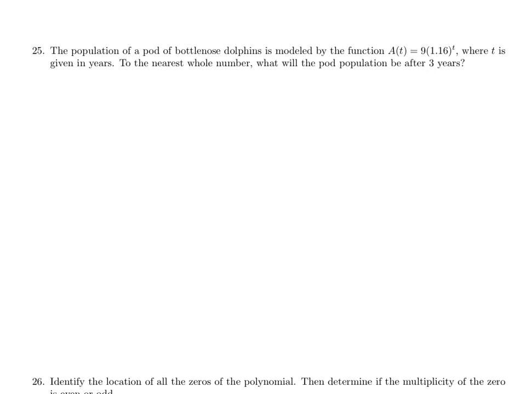So A of 3, because it's 3 years, is equal to 9 times 1.16 to the 3. You just have to know how to use your calculator. So 1.16 cubed times 9.